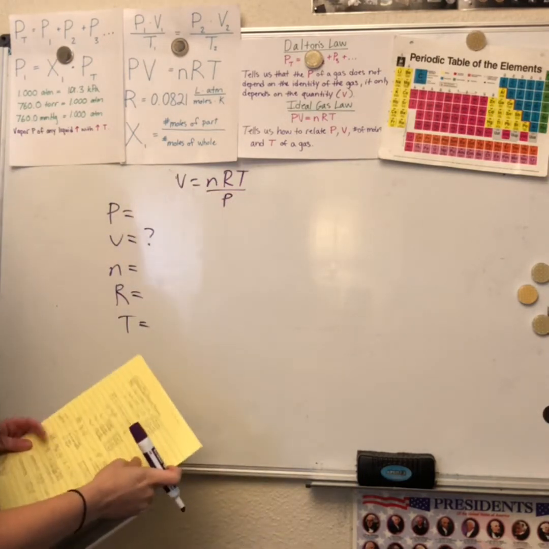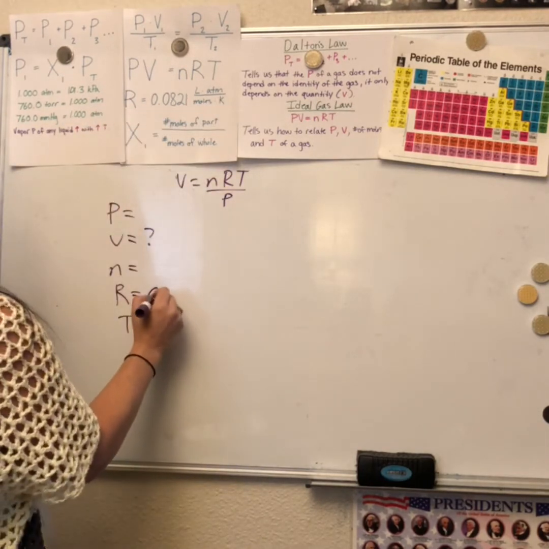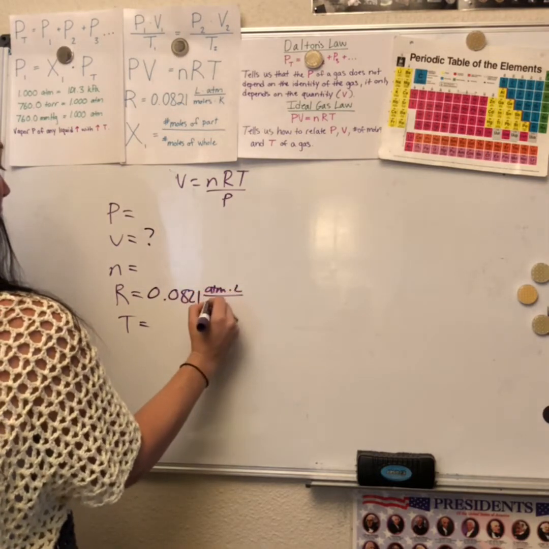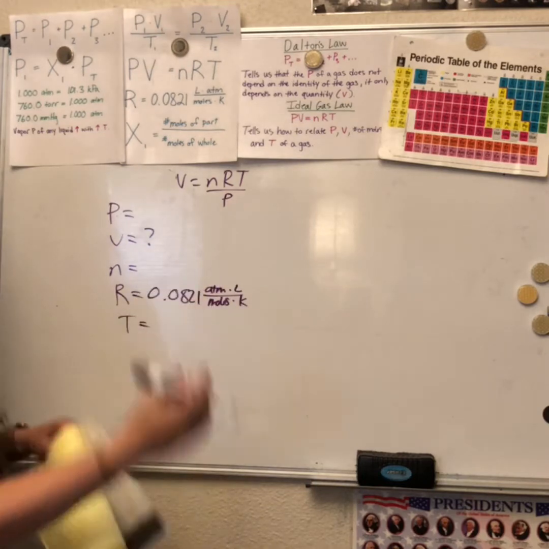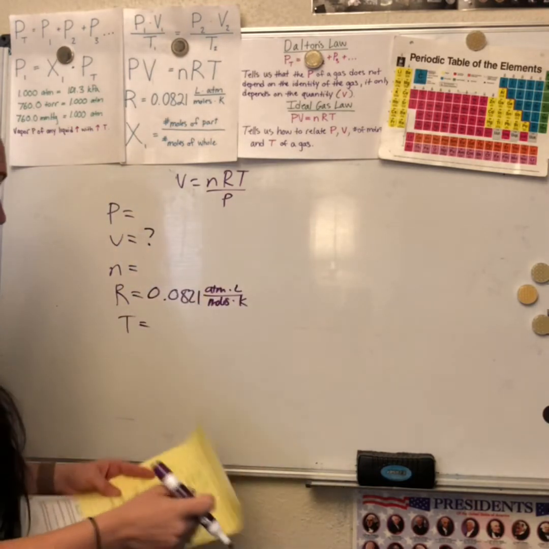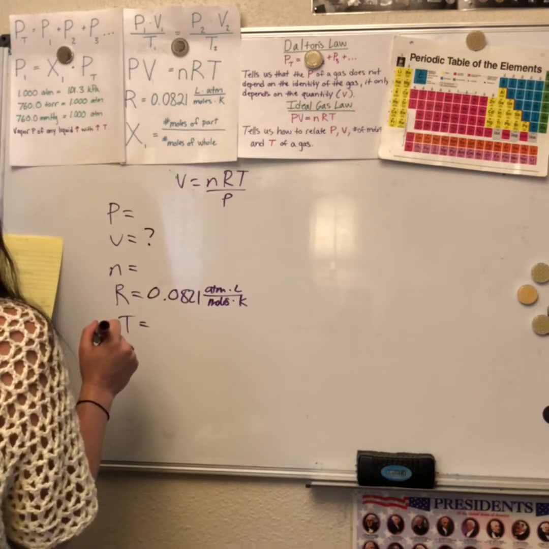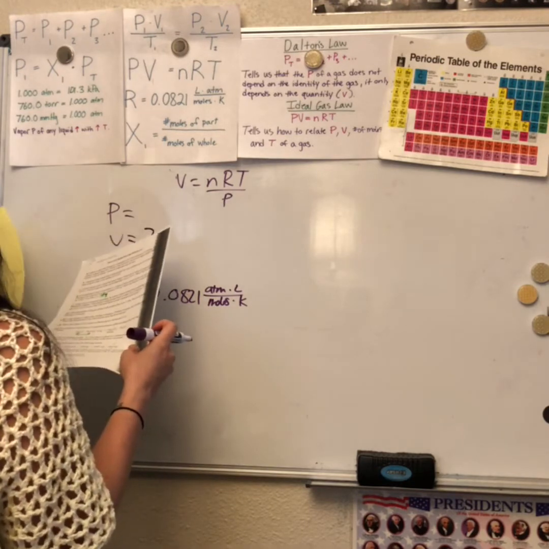All right, so right away, let's put our constant in here. By now, hopefully you should have this memorized. We've used it a ton in our problems. It's the one with all these units, because remember, we need them to cancel out. All right, so here's our T, our temperature. What was our temperature? 25 degrees Celsius.